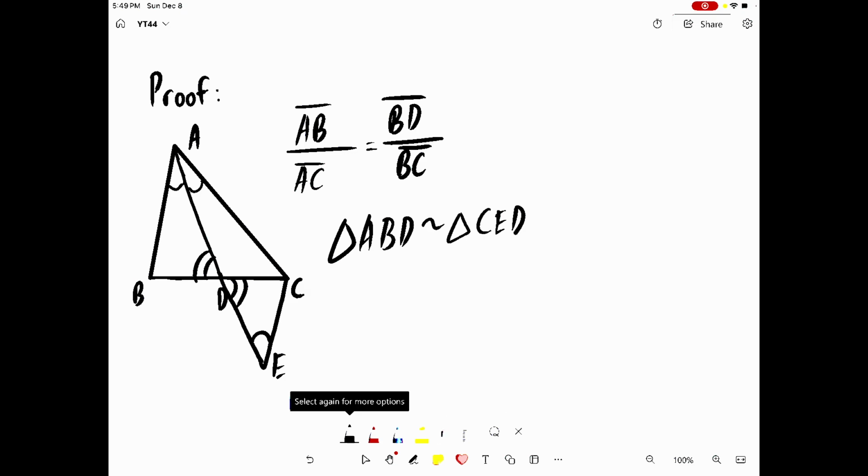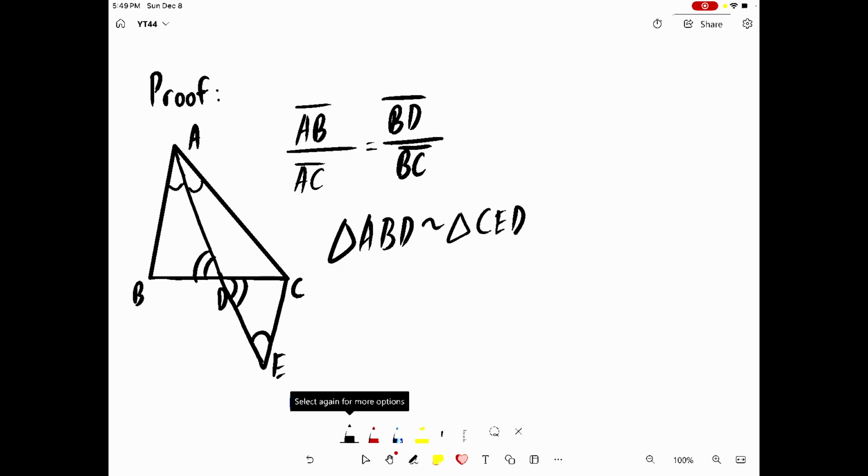Alright, now that we have those two triangles proven as similar, let's move on to the next step, which is creating a mathematical relationship, not a real life one. We have to look at the ratios of the corresponding sides.